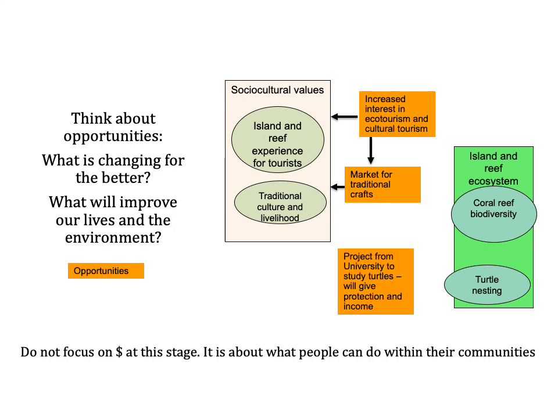There might be an opportunity to get a university project to study turtles, which will give protection and income. So, as well as thinking about the why, and the problems, this is a really great part of the process to think about what are the opportunities, what are the key things that you might be able to build on and get working for you.